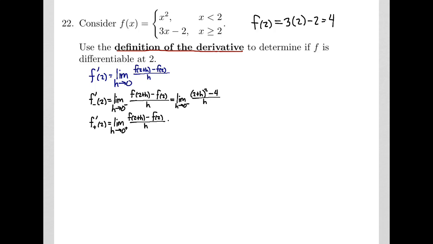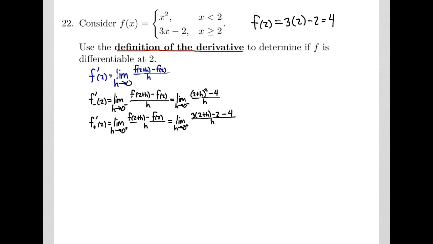Let's set up the second one as well. We're taking the limit as h approaches 0 from the positive side. And on the positive side, our formula is 3 times the input minus 2. So 3 times the input minus 2 is the value of the function. We'll subtract 4, that's the value of the function at 2, and then we'll divide by h.